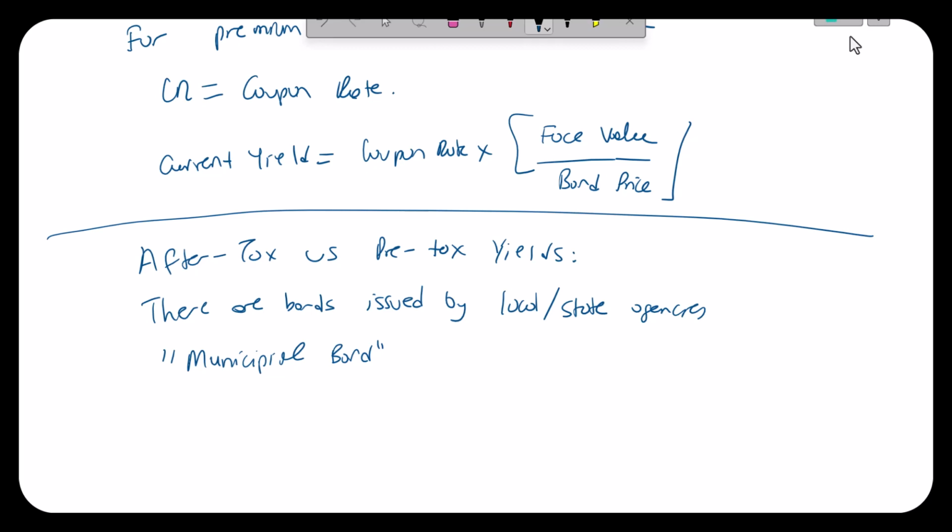State of Kentucky issues a bond, that's a municipal bond. City of Lexington issues a bond, that's a municipal bond. Eastern Kentucky University issues a bond, and they do. When they do new buildings, they actually finance it through bonds. Then they pay for it using the revenues from that building, like dorms and stuff.